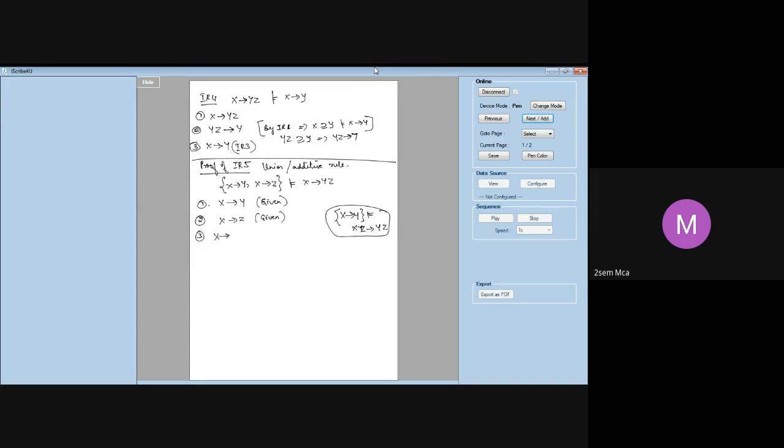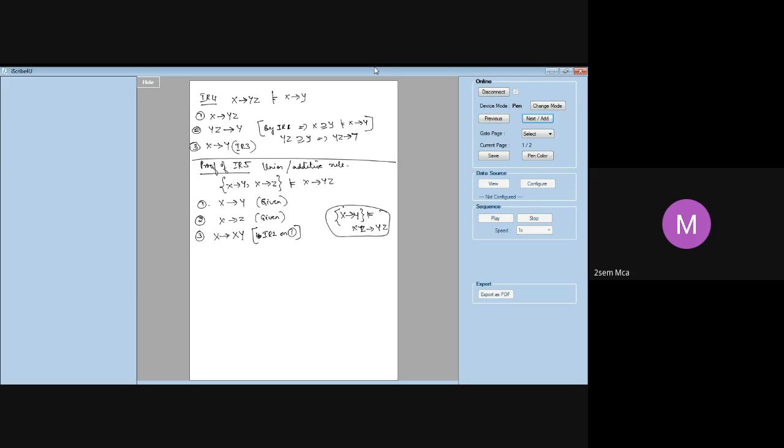I can write something like X determines XY. I am applying IR2 on 1. See, what is IR2? Understand one thing. IR2 is an augmentation rule. You are trying to add some attributes on both the sides.